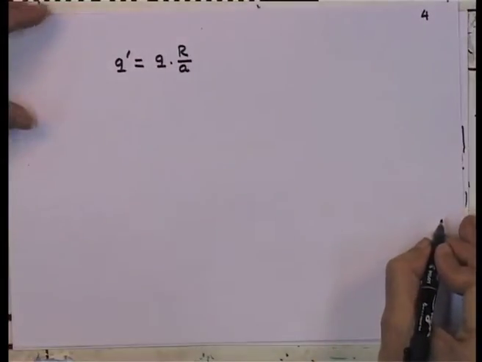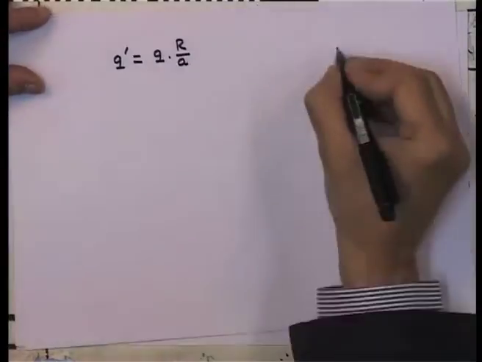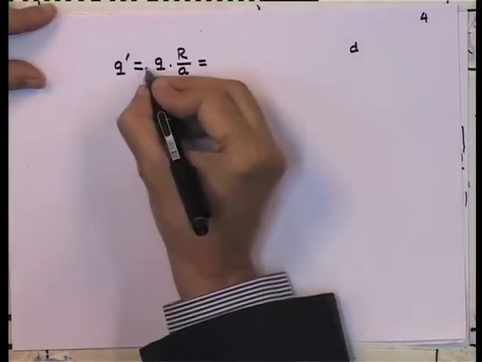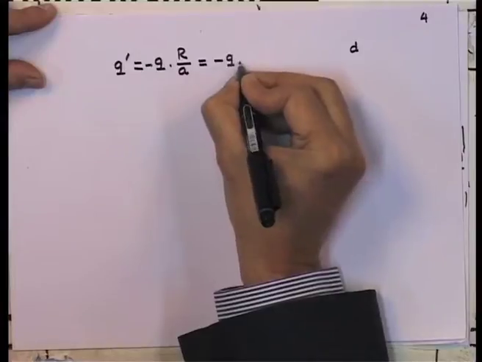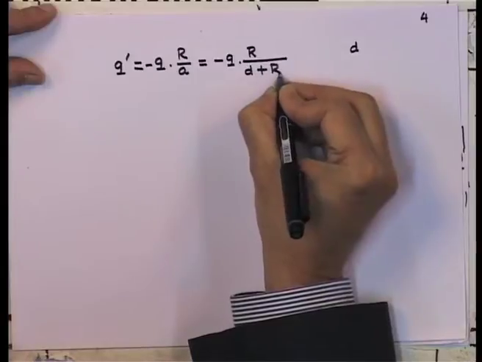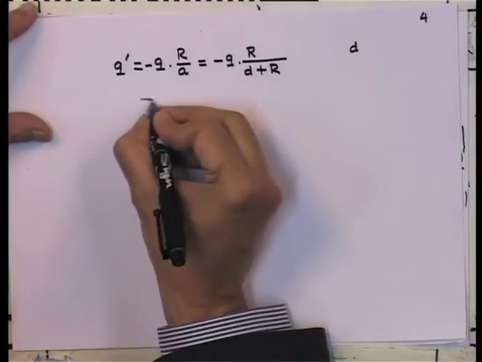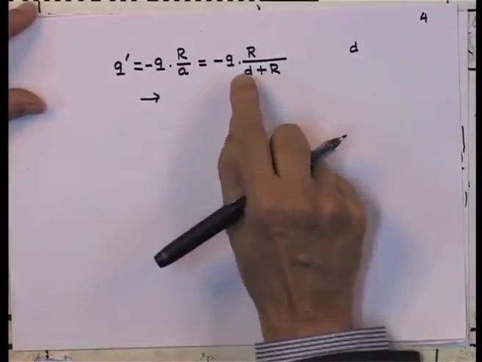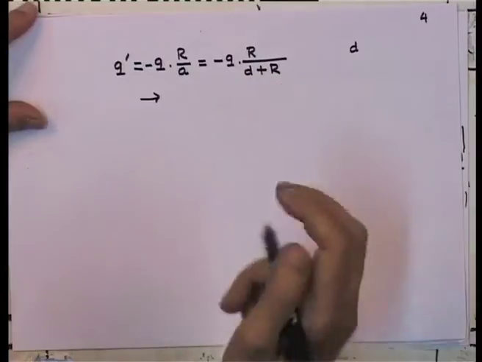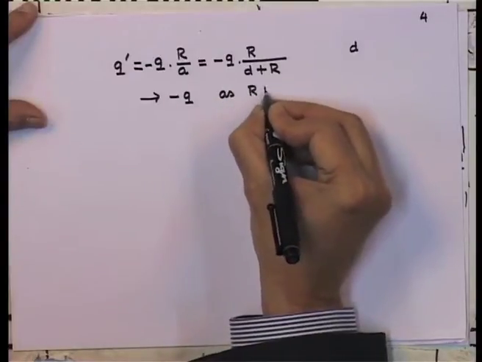Now, let me say that the distance of the object from the surface of the sphere is d. So, in other words, I write this quantity as equal to minus q r divided by d plus r, because a is equal to d plus r. Now, you should take the limit. So, r is very large. Therefore, d is small compared to r and can be neglected. So, as a result, I get minus q as r goes to infinity, as it ought to.